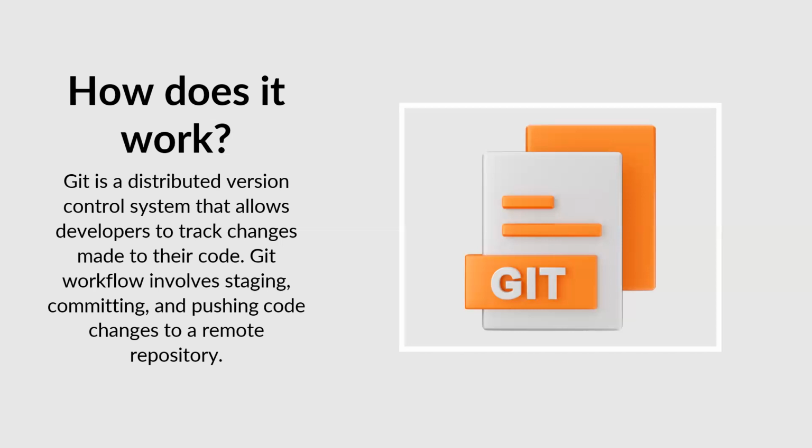So it allows you to collaborate with other developers. You can share your code and you can synchronize your changes across different computers. So this is how Git works by creating a repository. Multiple developers can be working on the same set of code and they can collaborate with each other.